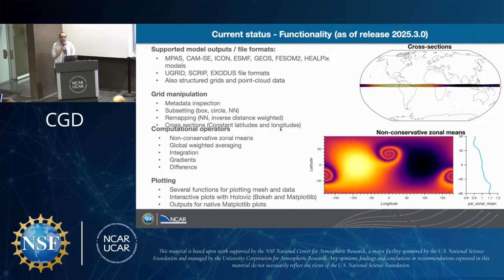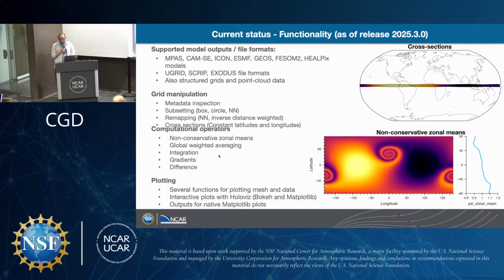Computational operators wise, non-conservative zonal means was one of the top ranked user requests, which we put into the release recently. So you should be able to do zonal means in a non-conservative way.